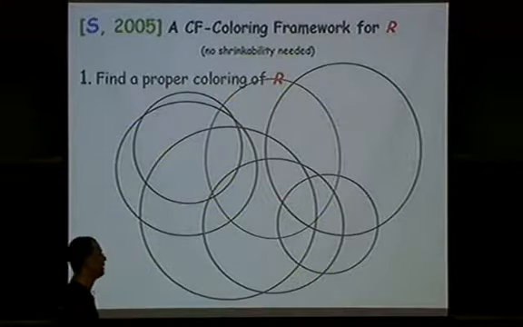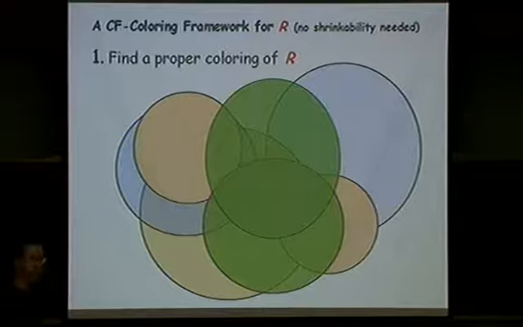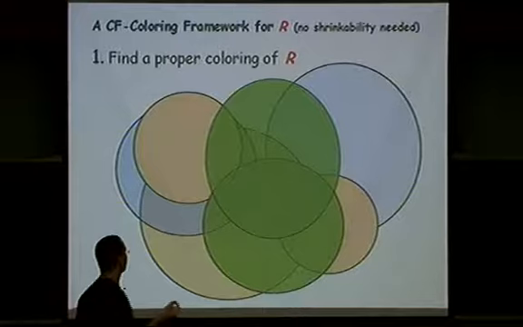And here is the idea. Instead of coloring the Delaunay graph, color the Venn diagram, color this hypergraph in a proper way, meaning that no point is covered by a monochromatic set. Okay? So suppose I know how to do that with a small number of colors. Here I use 3 colors, and you can check that every point that is covered by at least 2 disks is not monochromatic.